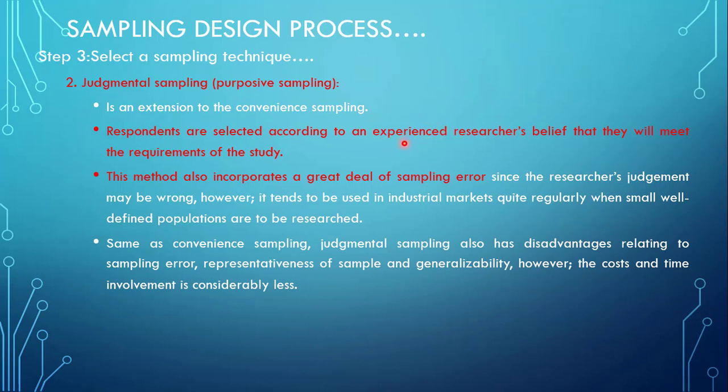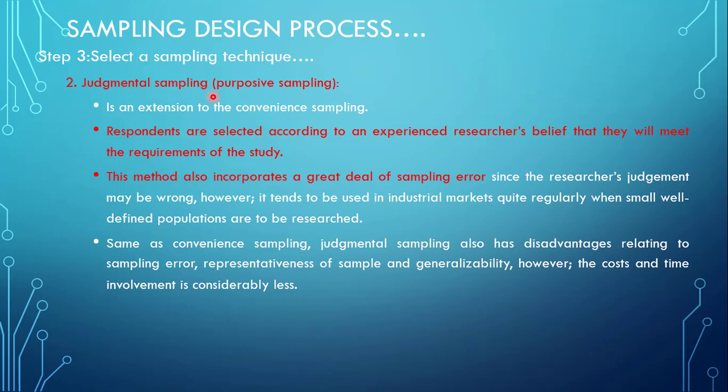Let's say you are about to dispatch questionnaires as a researcher in a certain mall, and you ask the customer for how long he or she has been purchasing from that mall, and you only pick a customer who has been purchasing from that specific mall for more than a year, then it is known as judgmental sampling.